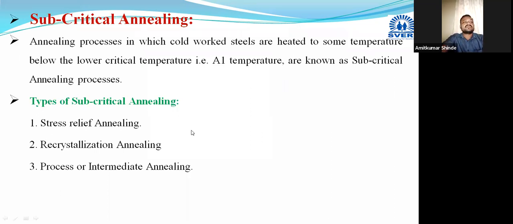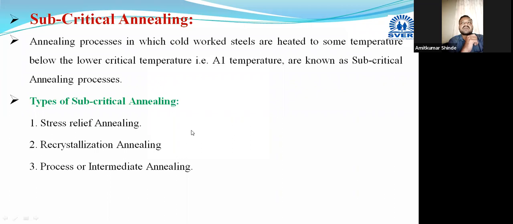Then what will happen? Whichever internal stresses are there will get eliminated, and ductility is improved.